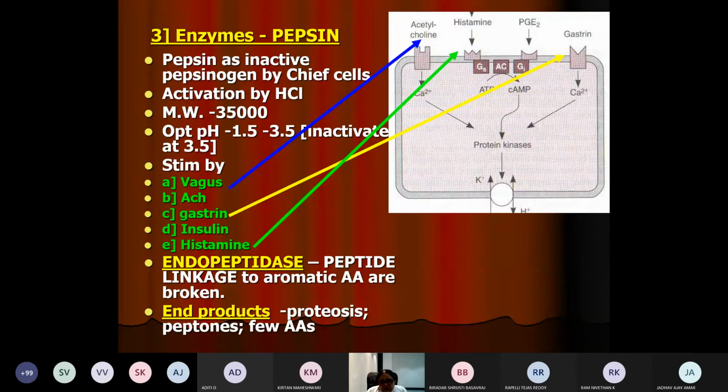It is an endopeptidase; peptide linkages to aromatic amino acids are broken. End products: proteoses, peptones, few amino acids.